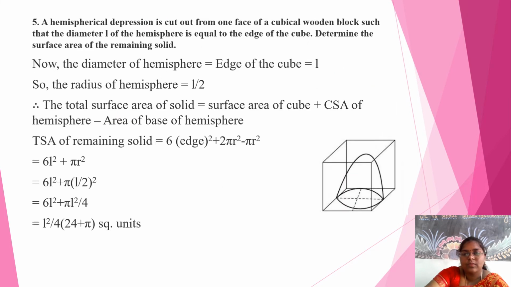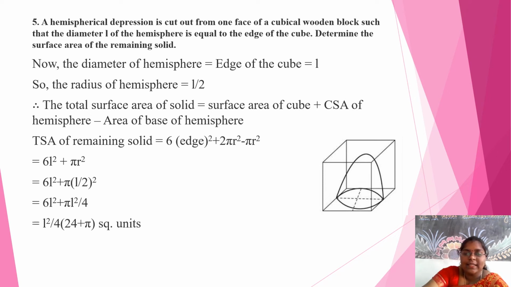Now, fifth question. A hemispherical depression is cut out from one face of a cubical wooden block. There is a cubical wooden block. From that, they are cutting out a hemisphere from one face of the cubical wooden block. The diameter L of the hemisphere is equal to the edge of the cube.